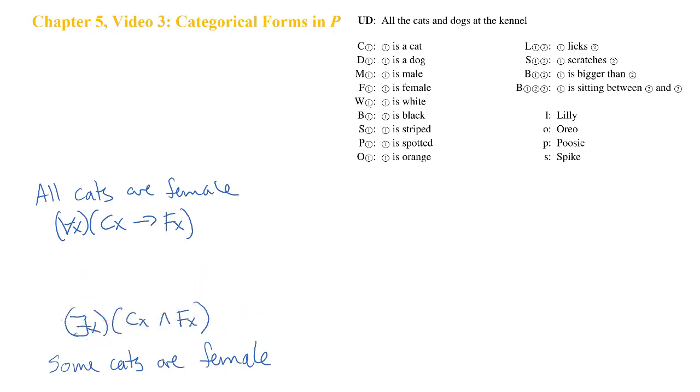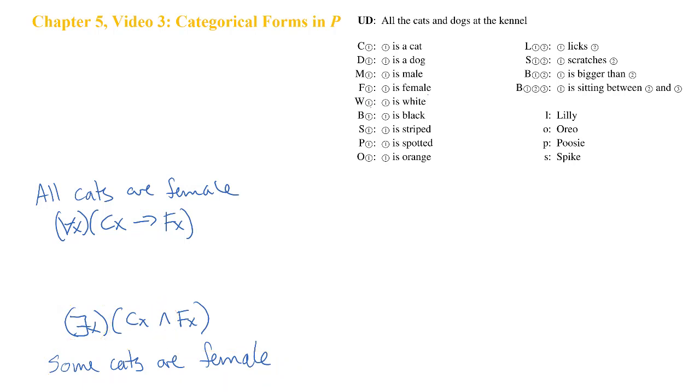So the first two basic categorical forms are as follows. When we want to say something like this, all cats are female, we've got a universal quantifier and then a conditional. When we want to say some cats are female, we've got the existential quantifier with a conjunction.